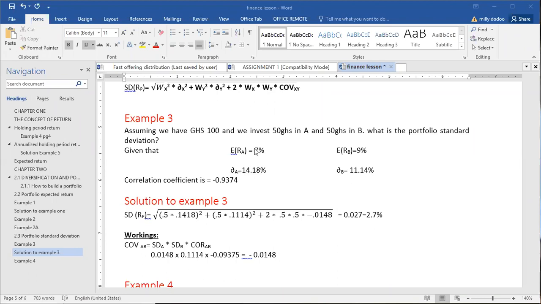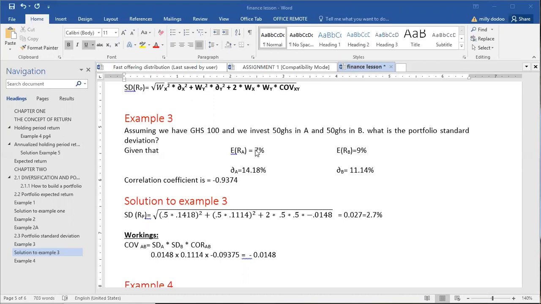What we mean here is that whenever you pump in money into investment A, you are going to get 7%. Whenever you pump in one CD into investment B, you are going to get 9%. So those are the returns you are talking about.